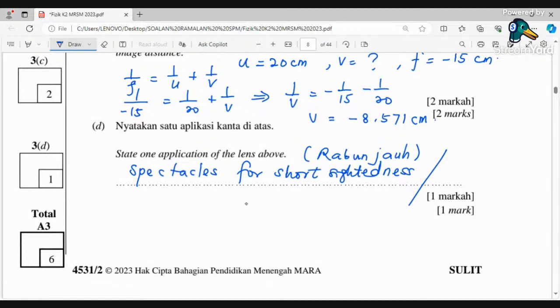Sebab image dia kecil, so kalau image kecil kita boleh guna untuk observe wide vision or wide region of anything that using this concept.